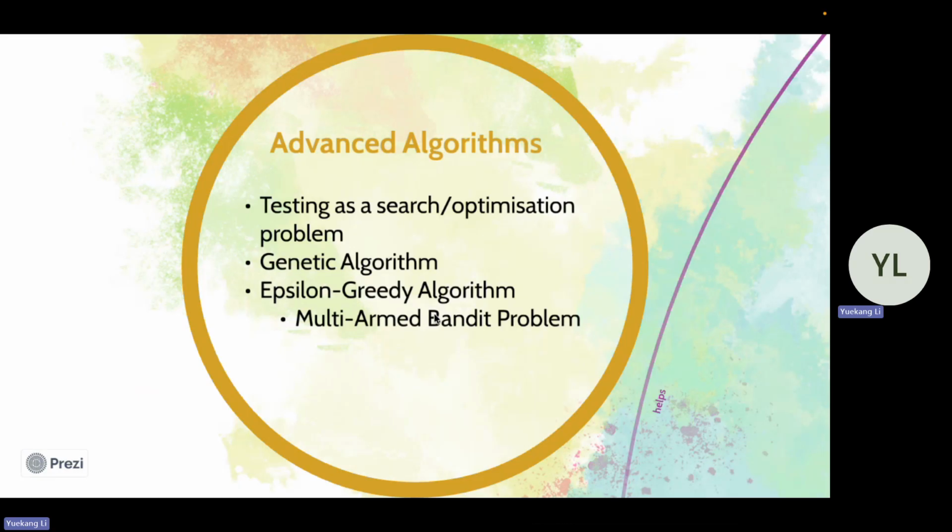If epsilon is too small, we are lacking exploration. So epsilon should take a suitable value, which is small but not too small. So these are the advanced algorithms, and you should be able to use them.